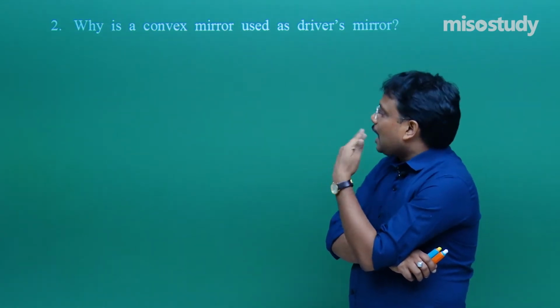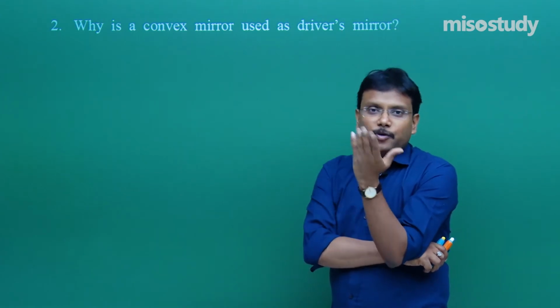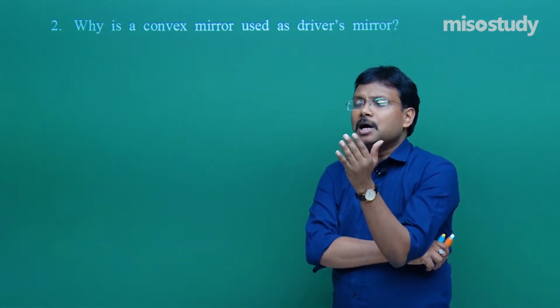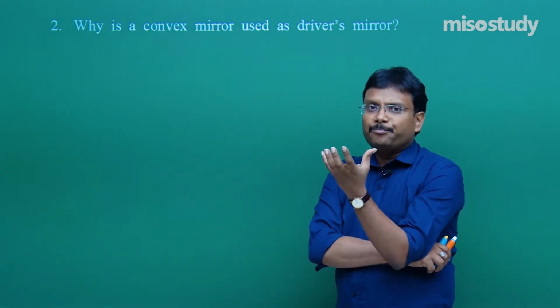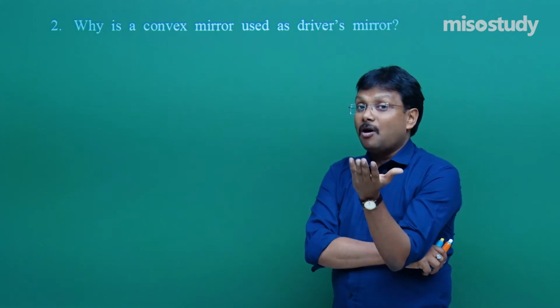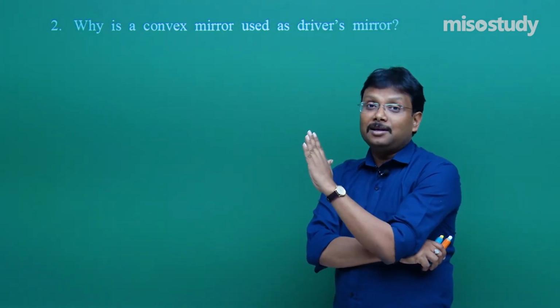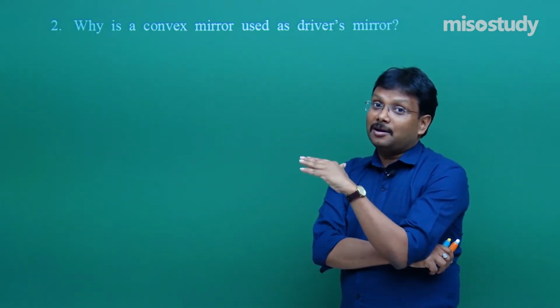From then on I normally discuss these simple questions. You must have noticed on your bike or car it is written: objects in the mirror are closer than they appear.